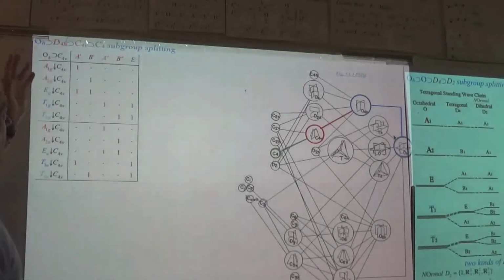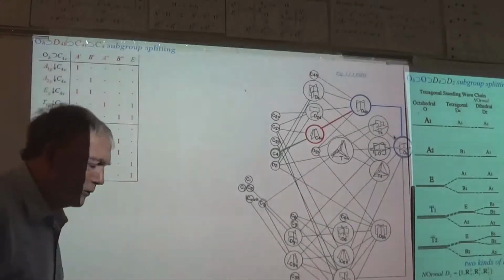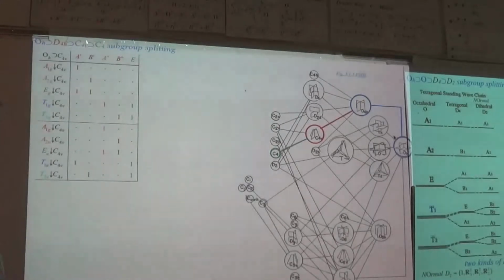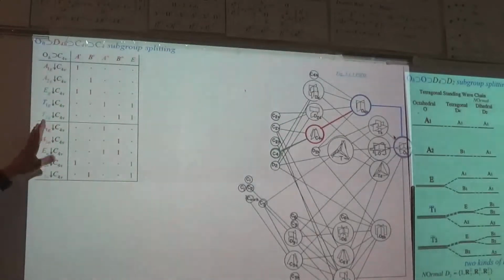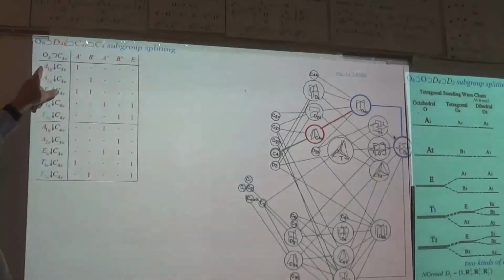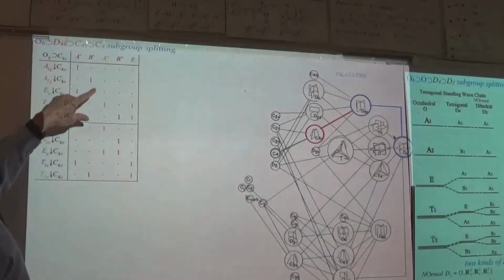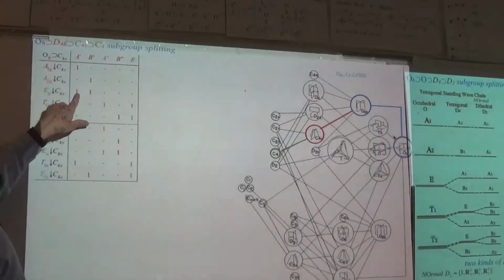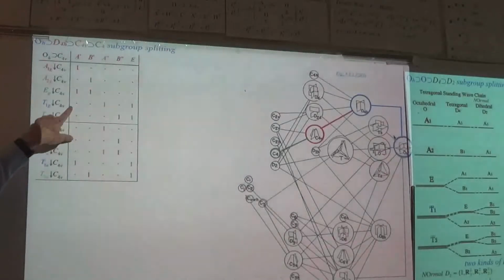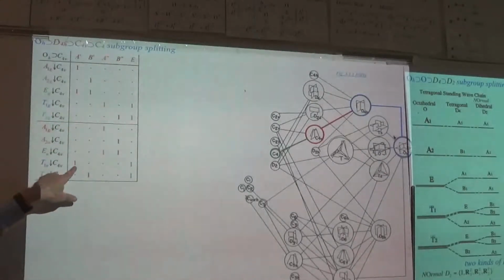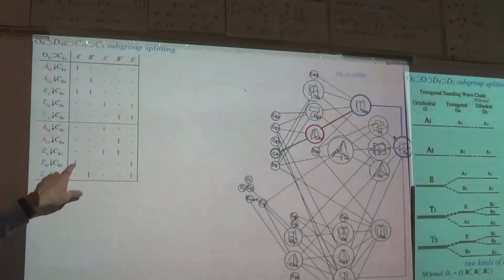So this is the full professional correlation table you need for octahedral perovskite type solids, with all of the parities and reflections getting their chance to voice the symmetry. And what you see here is an A1 that has a G attached to it, an E that has a G attached to it, and then you don't get to use the T1G. You have to go all the way down here almost to the bottom, and T1U shows up.